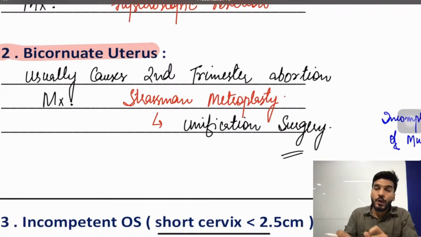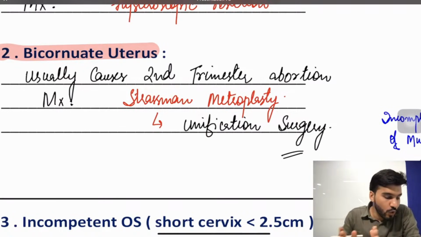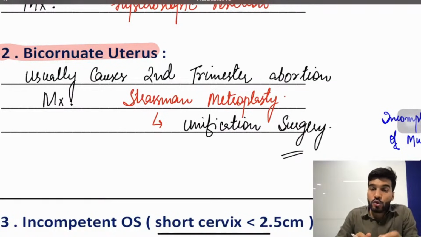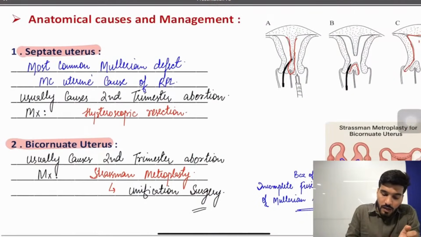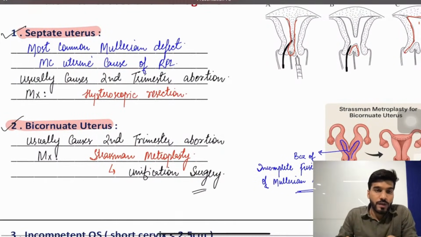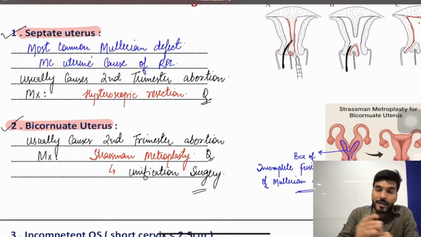And these two horns are because of an incomplete fusion of the Mullerian duct. The most common Mullerian duct defect is septate uterus, and its management is hysteroscopic resection. Management for bicornate uterus is Strassman metroplasty.